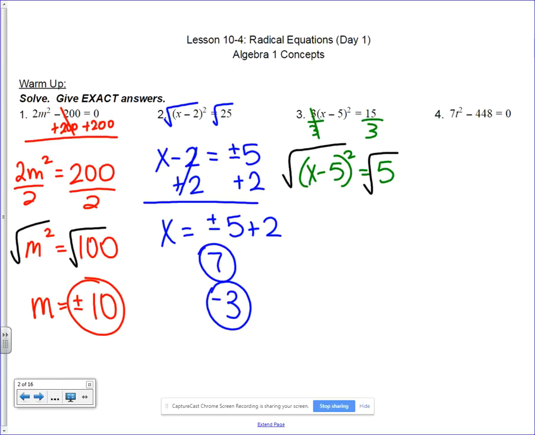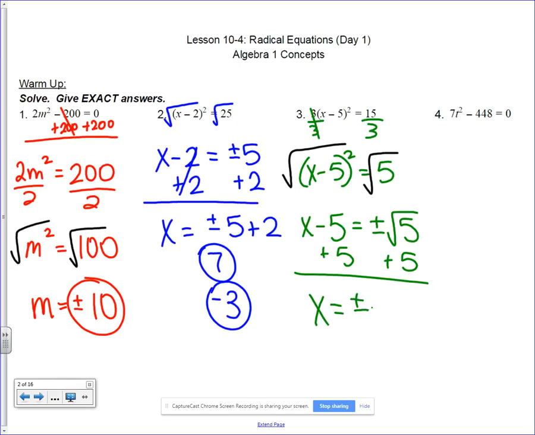Is 5 something that is easy to square root? I'm going to leave it because it is not a perfect square. And my answers say exact, don't they? That's an irrational number. The easiest way for me to write that is to keep the radical over it. Now, how do you get rid of that 5? Add 5. Okay, so now I have x equals plus or minus the square root of 5 plus 5.